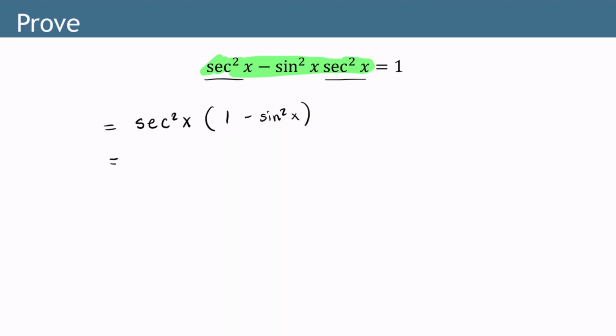Well, hey, again, what is 1 minus sine squared? That is cosine squared. And remember, what is secant squared? Secant squared is really the reciprocal of cosine squared, or in other words, it's the same thing as 1 over cosine squared. Now, notice I said reciprocal.